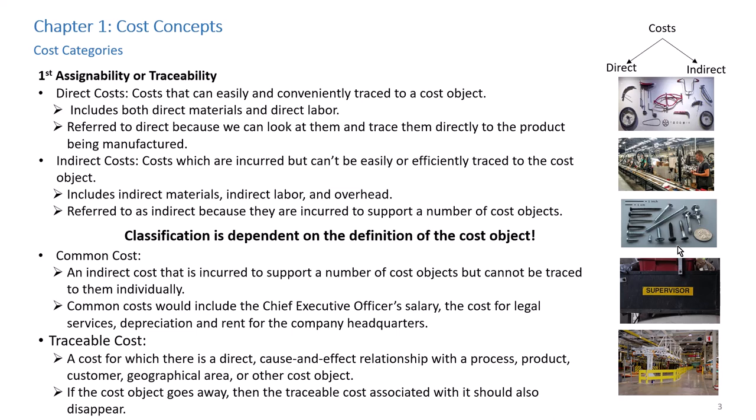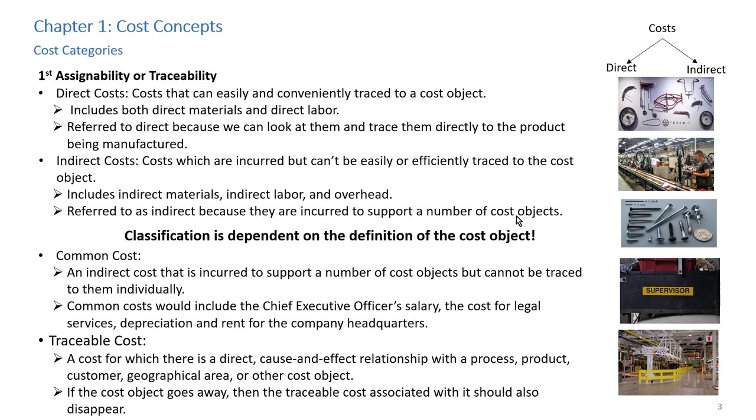Indirect costs also include supervisor wages, maintenance and janitorial wages, and costs related to factory operations, like utilities, property taxes, tools, and depreciation of the factory building and equipment. Each of these costs are classified as indirect because they are incurred to support a number of cost objects.